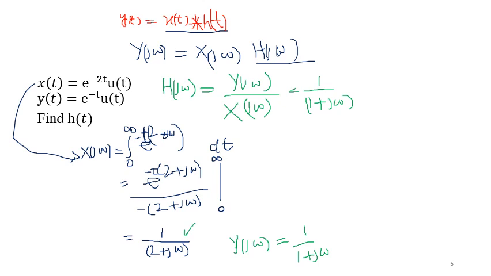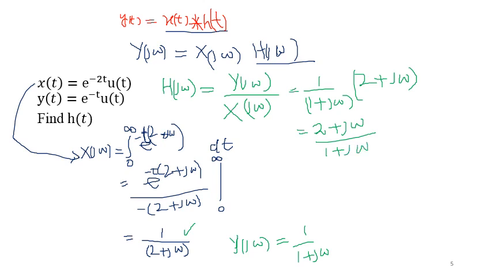For the division I can take the reciprocal, so because X of j omega is in the denominator, I just invert it. Since a double division is involved, I can write it as (2 plus j omega) divided by (1 plus j omega).